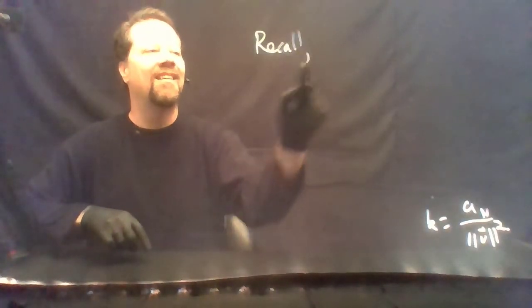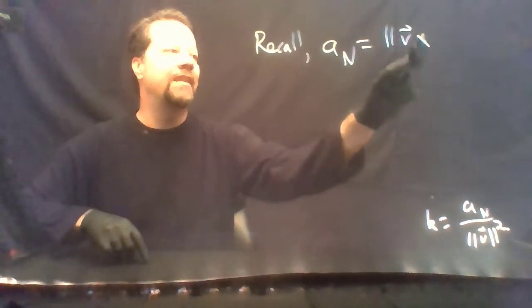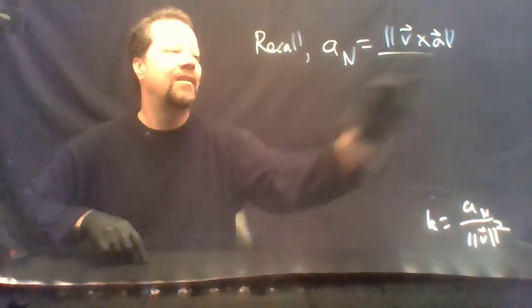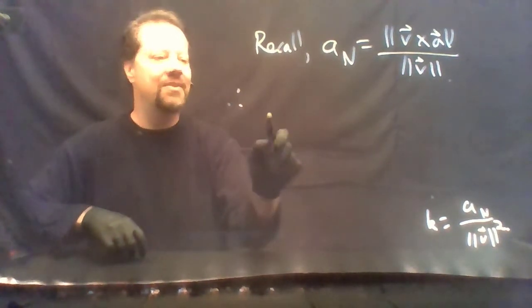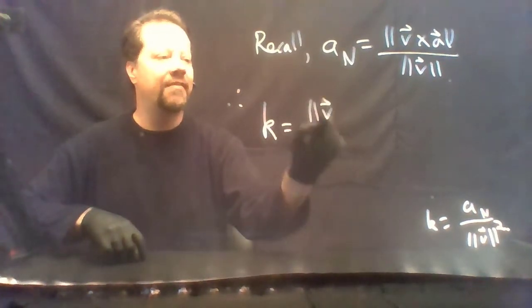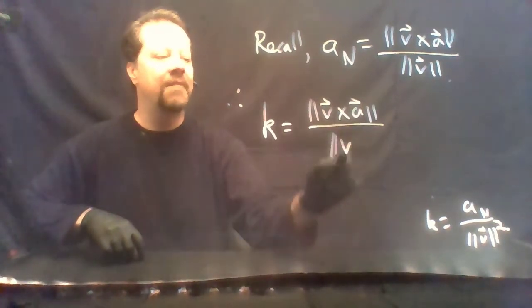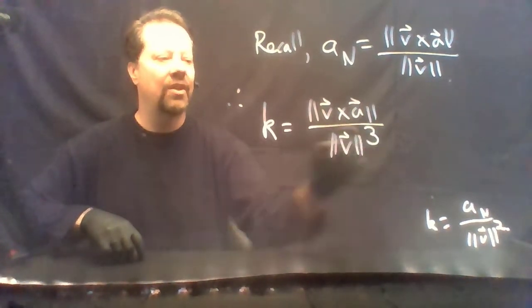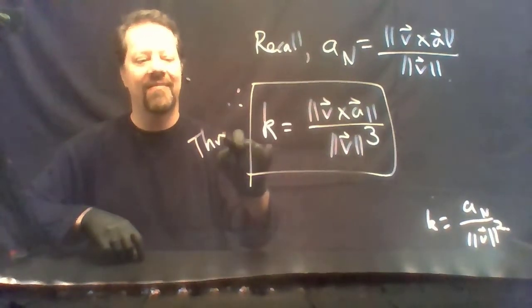But remember, the normal component of acceleration was the norm of v cross a over the norm of v. We deduce then that the curvature is the norm of velocity cross acceleration divided by the norm of the velocity cubed. Let's call that a theorem.